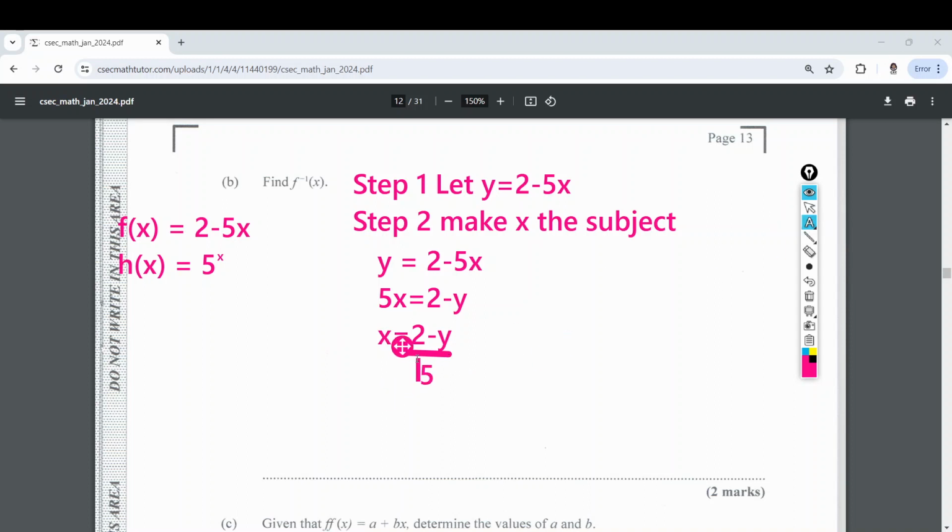Alright, so we're almost done now, guys. The last step, step 3, is to change the x with y.